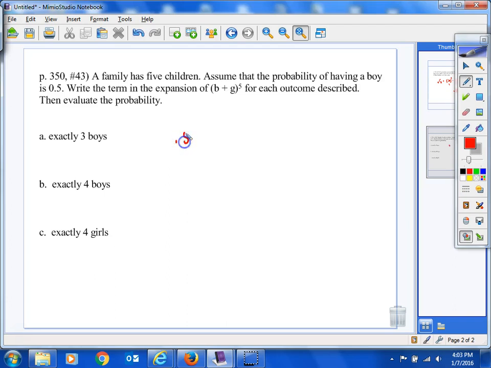So 50% chance for boy, 50% chance for girl, and if we want, we'll just label these as boy and girl. If we want to know the chance of 3 boys, that means that would be 2 girls to make a total of 5. And our combination factor will be 5C2. Just multiply all these together.